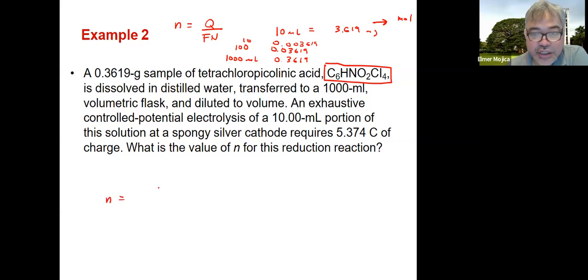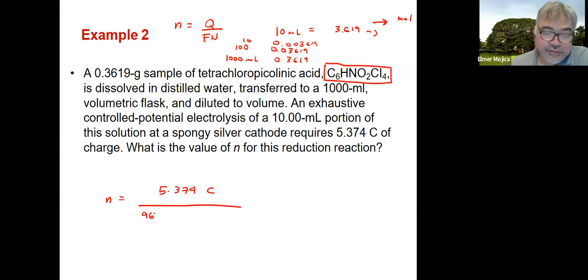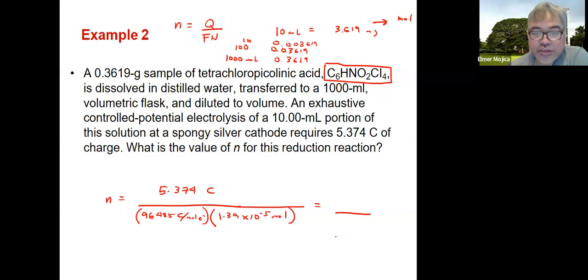Once you have that, you can use the value here. Q is 5.374 coulombs. The Faraday constant is 96,485 coulombs per mole of electrons. And then we can get the corresponding moles of this one. Based on my notes, I could have this. If you look at the structure, it looks like this, with all of them having Cl, and one is a carboxylate.